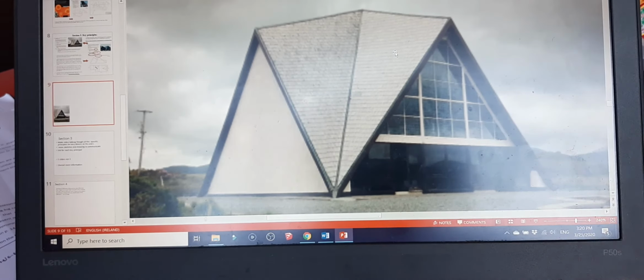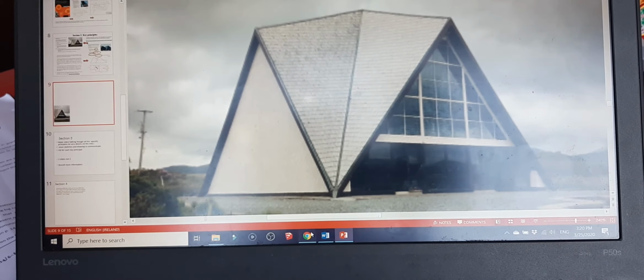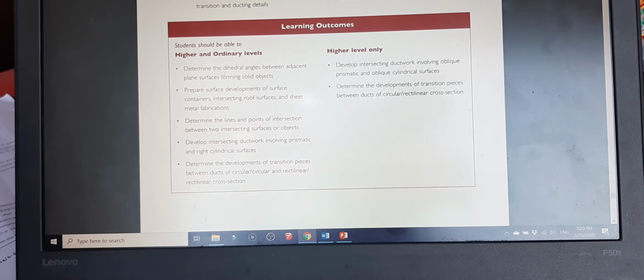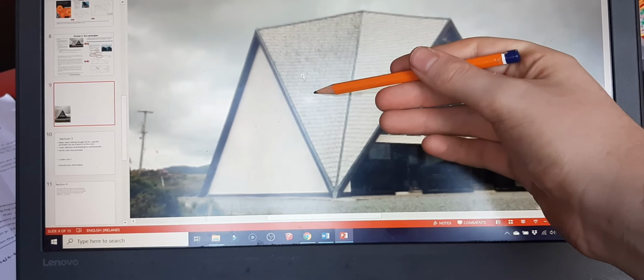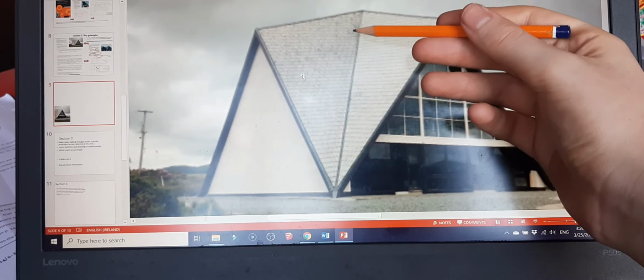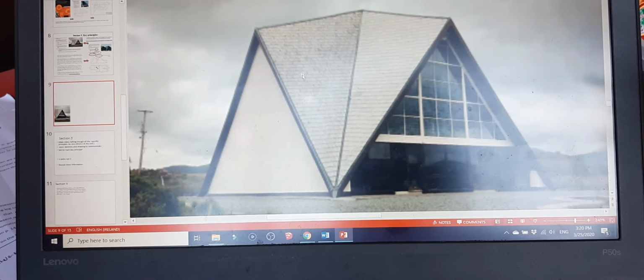That's what they mean by, I go back to the syllabus, when they say the angle between adjacent plane surfaces, they mean what's the angle between this plane right here and this plane, where they meet right there.